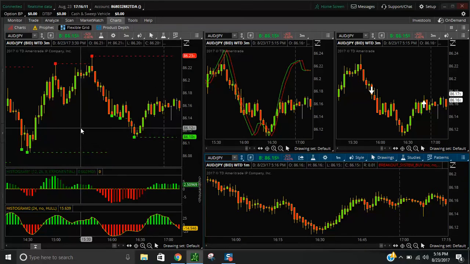Basically, what it means is that this is resistance here. This is the highest point that the market has been within X amount of the time frame. When your market hits this top point, it's either going to do one of two things.